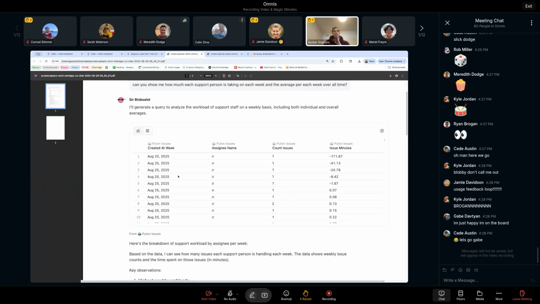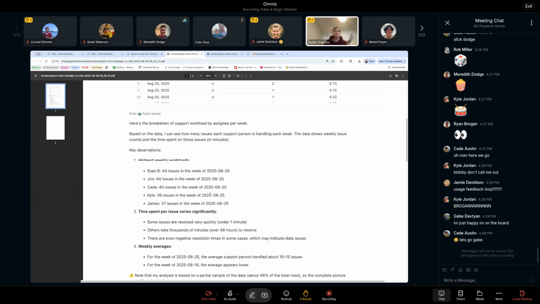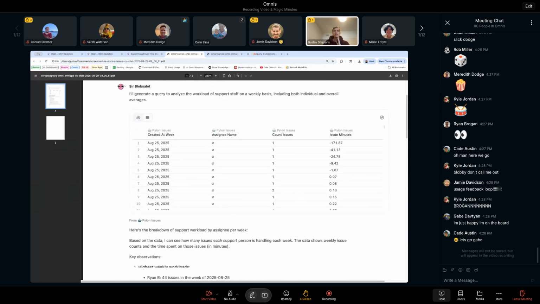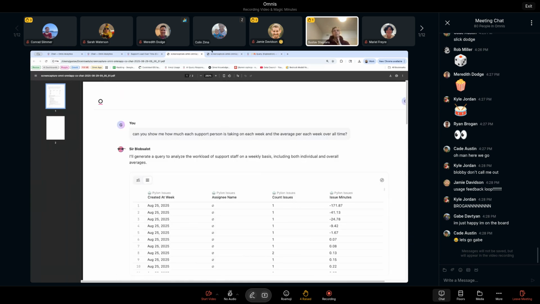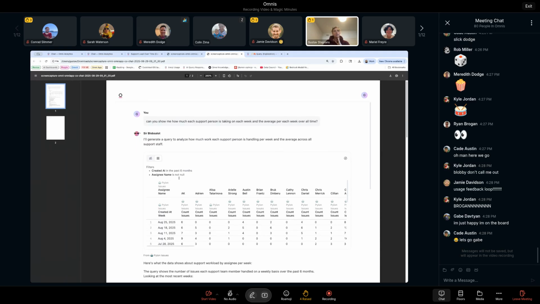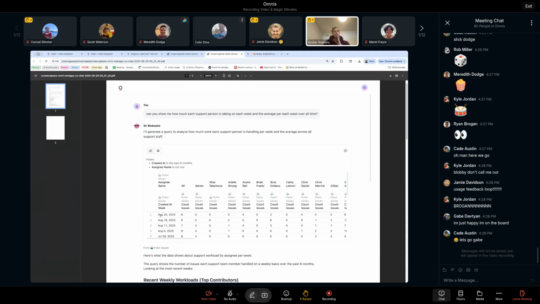It was very hard to read for a human, and the summary was somewhat useful, but again, the data got truncated. And then when I asked it with the flag, it got a much stronger result, which was breaking it out by week, using a pivot on each individual person taking support tickets.